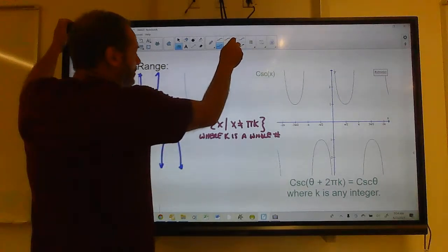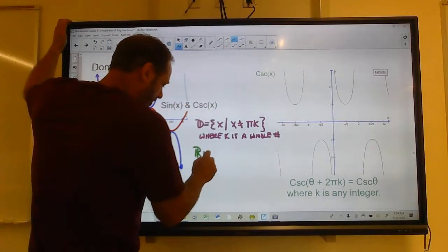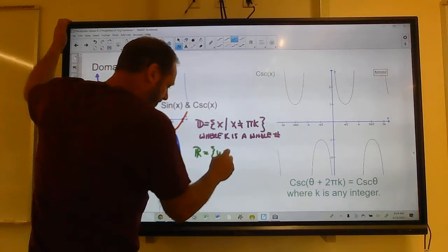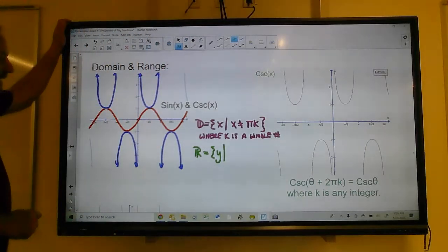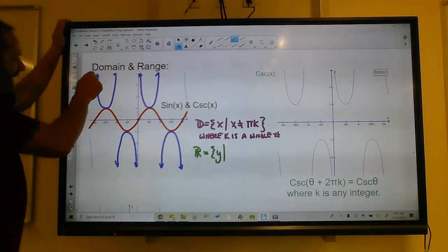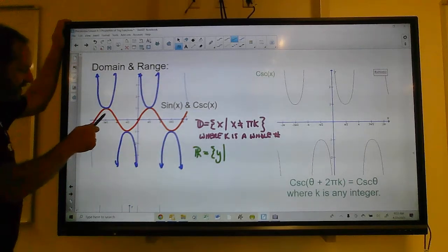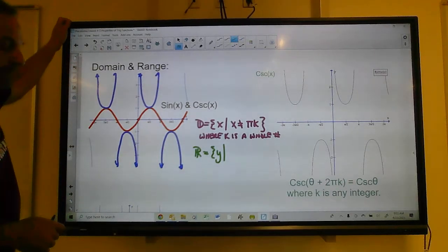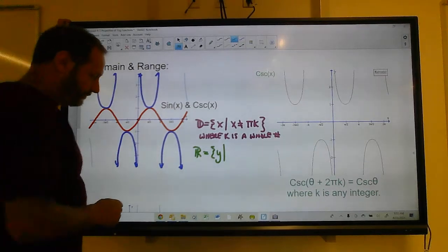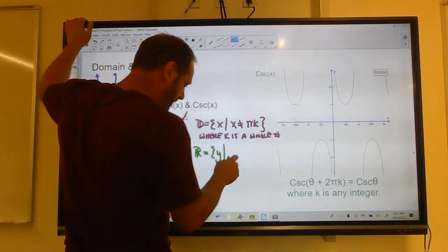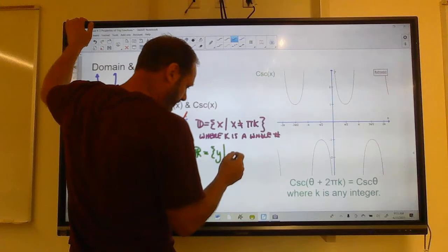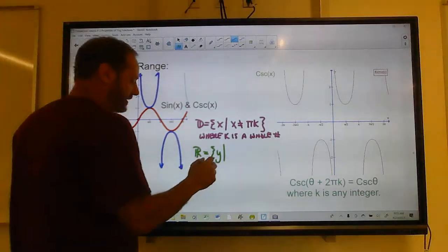Now, what's the range? All right, the range is the numbers that come out. Okay, so what numbers come out? Well, I get all these numbers out except there's no numbers between -1 and +1. So I would write, let's see, I gotta be careful how I write this.